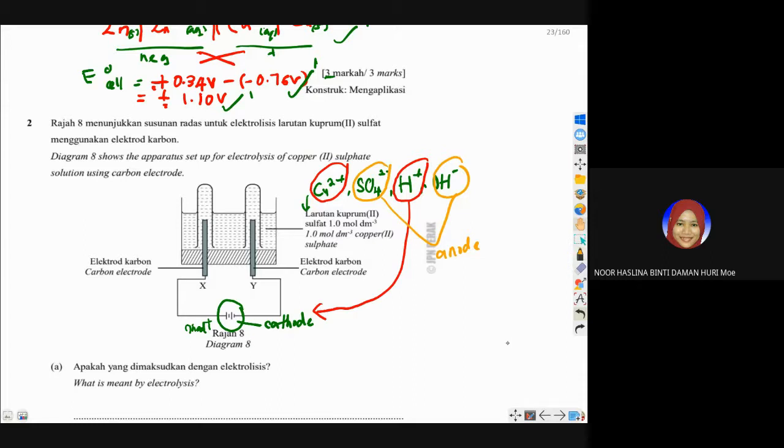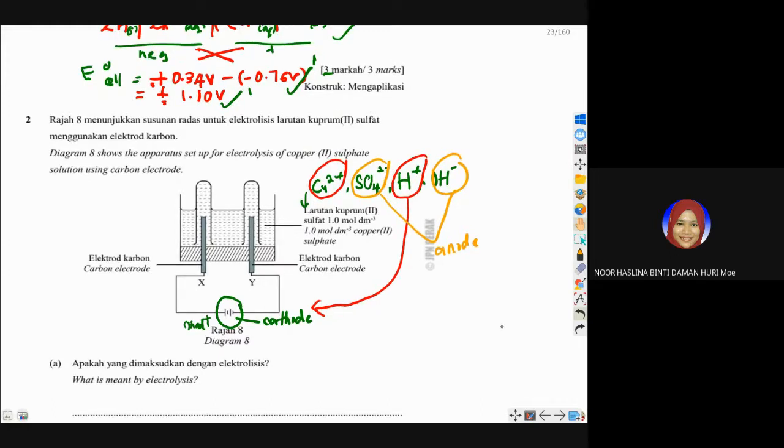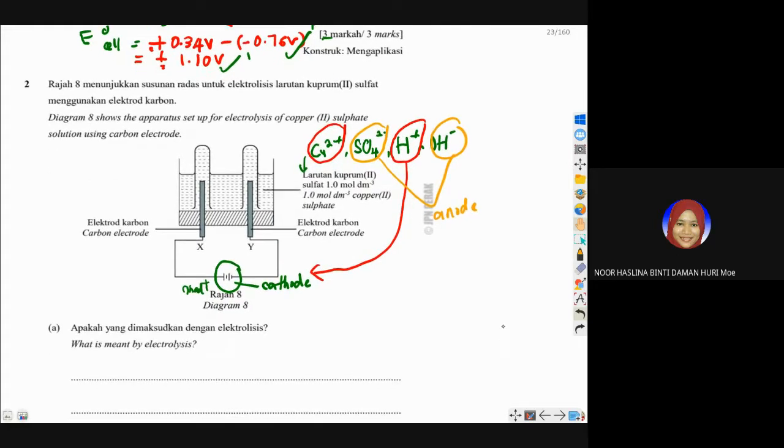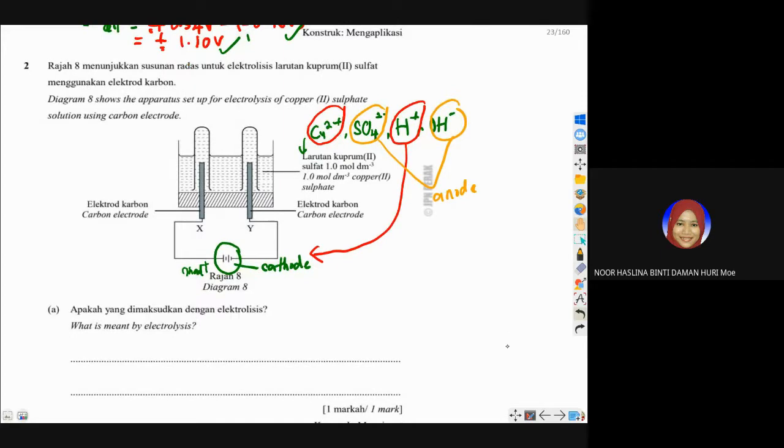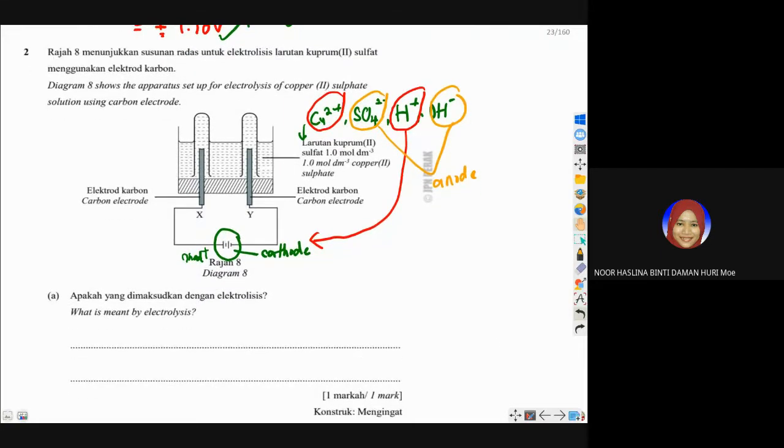Diagram 8 shows the apparatus set up for electrolysis of copper 2 sulfate solution using carbon electrode. Okay, so what is the meaning of electrolysis? You can see from your textbook. Okay, mesti cukup lengkap. Okay, what is the definition of electrolysis? Okay, apa dia electrolysis ni?